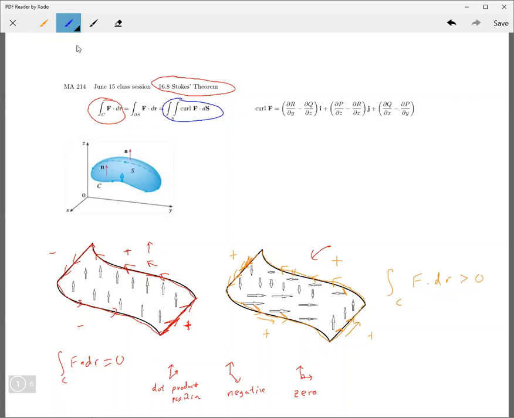Now, look at what's going on inside. Imagine these are currents, maybe the surface of some water running down a stream. You place a stick right here in the water.